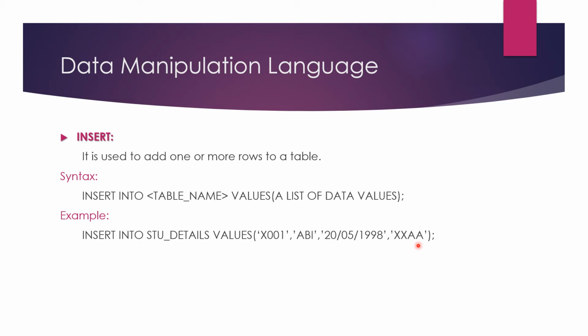The first data will be saved into the first field, the second data into the second field, the third data into the third field, and the fourth data into the fourth field. These data will be separated by commas.